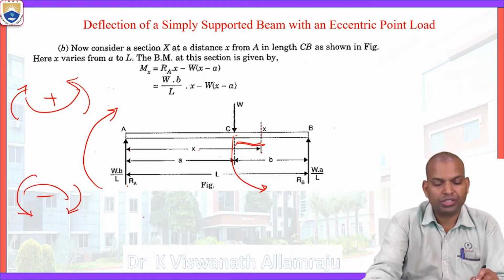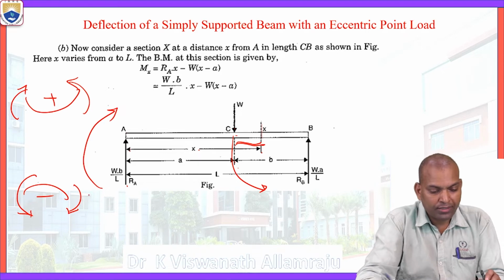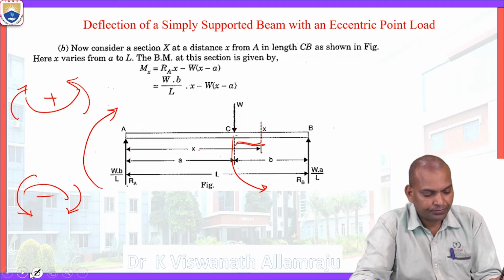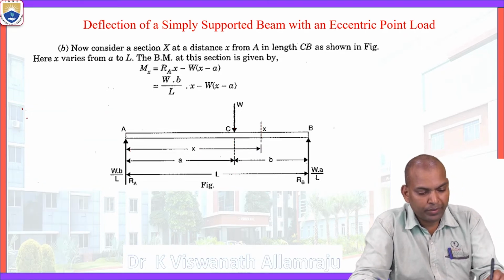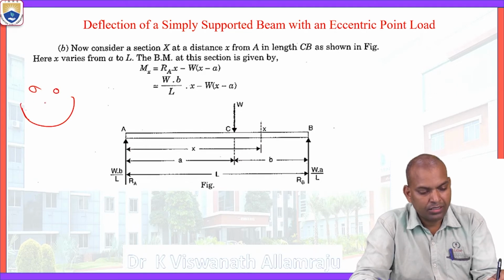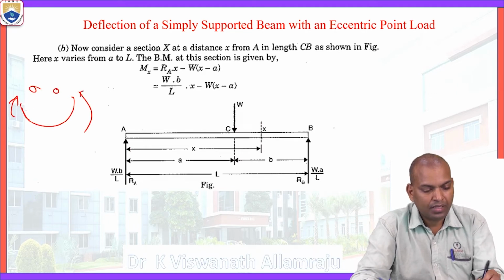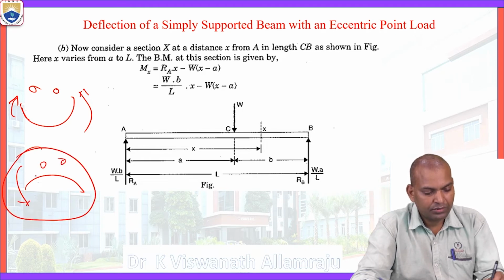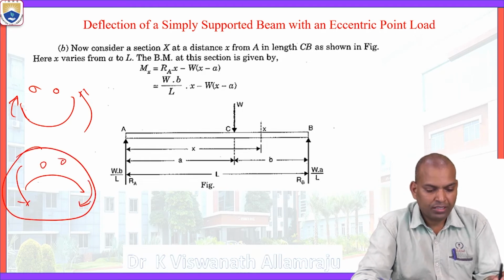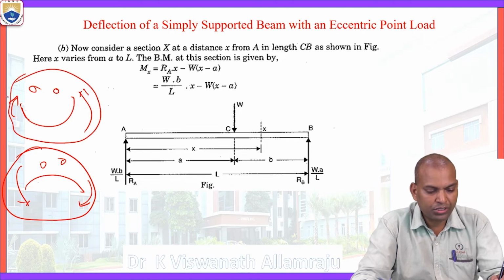These are the sign conventions of a bending moment. To understand simply, the positive bending moment is the smile shape, and the negative bending moment is the opposite.